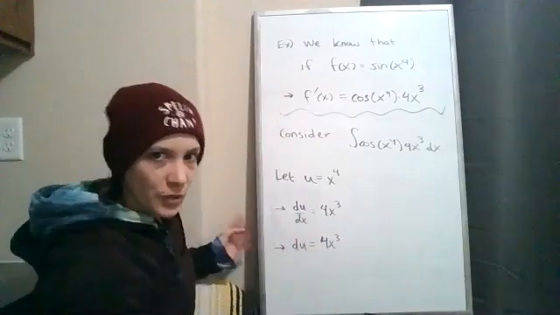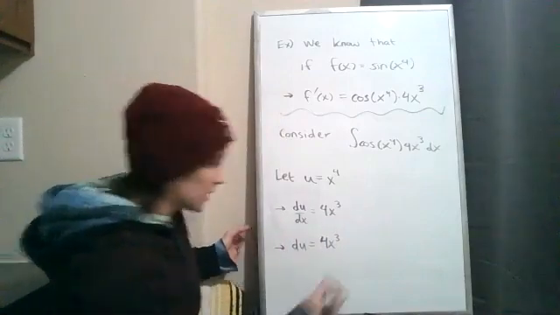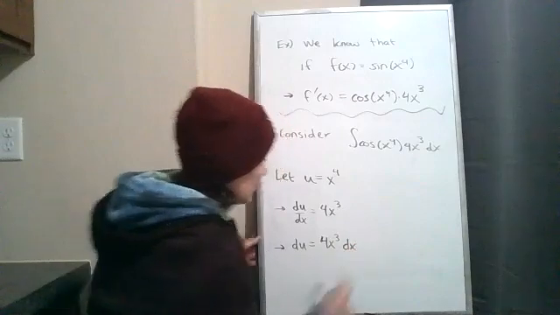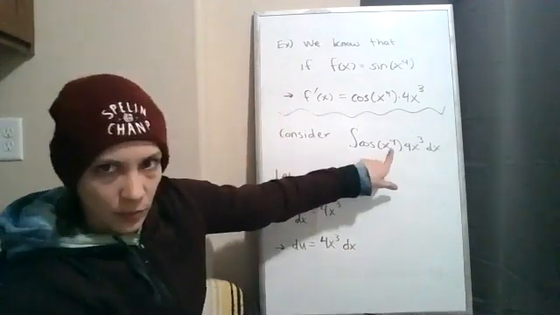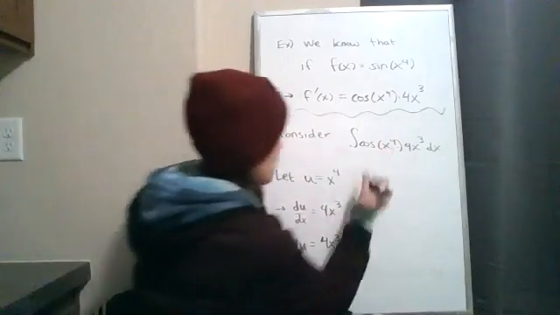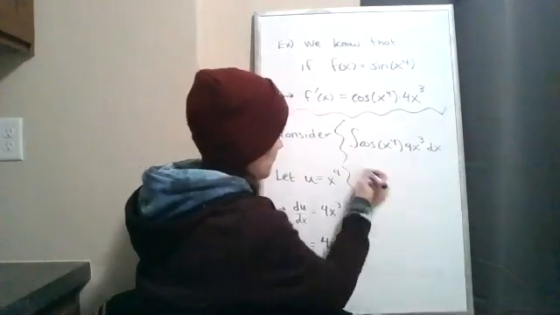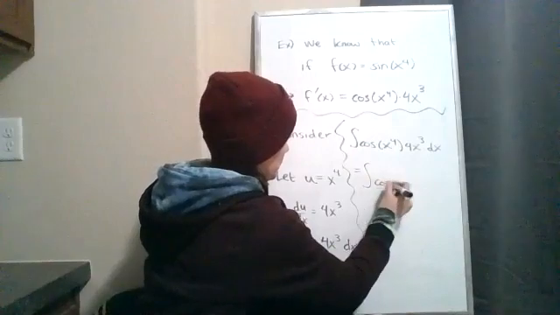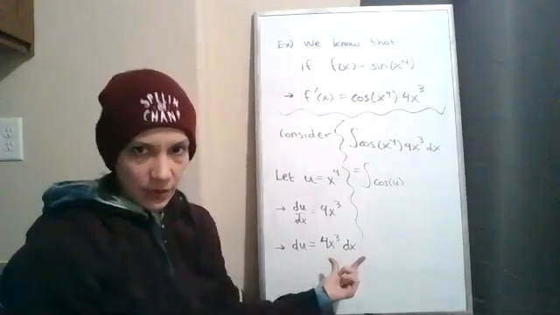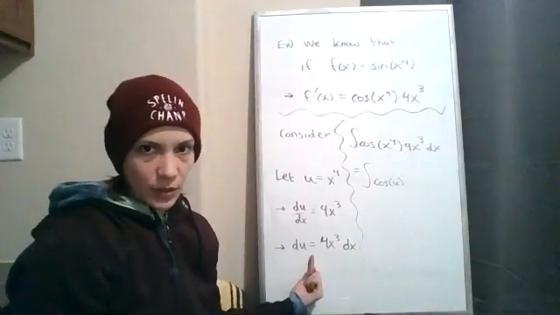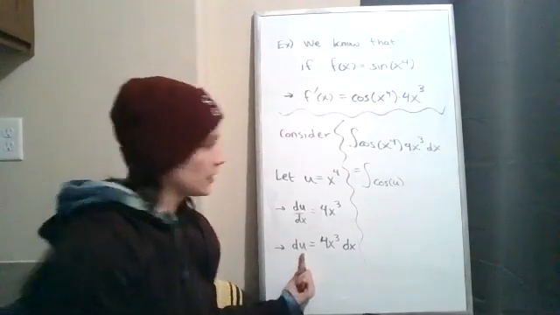So du is equal to 4x cubed dx. Okay, so u is x to the fourth, which we'll sub right there. 4x cubed dx is right here, and it equals du. So all of that will be replaced with du.